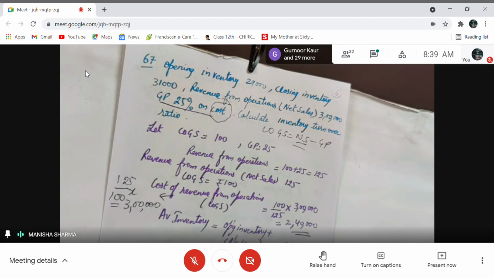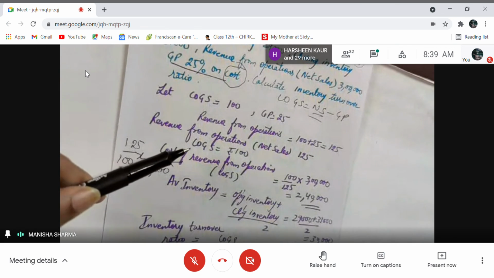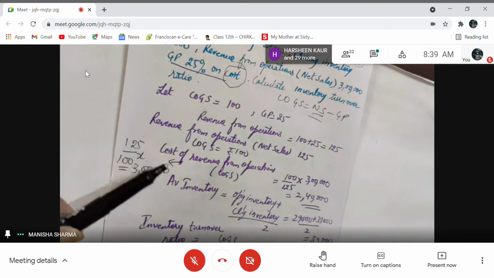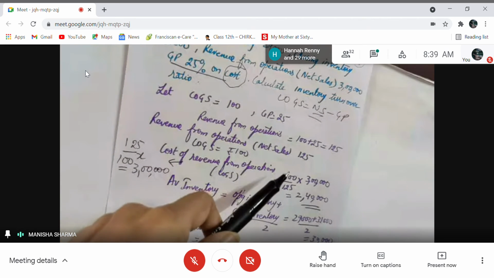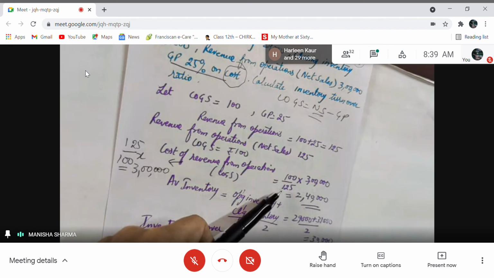Clear? So if revenue from operations is 125 and COGS is 100, then cost of revenue from operations will be equal to 100 divided by 125 into 3 lakhs. It is coming out to be 2,40,000, right?